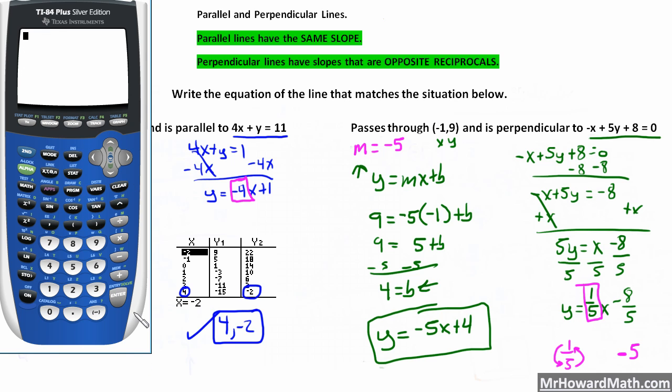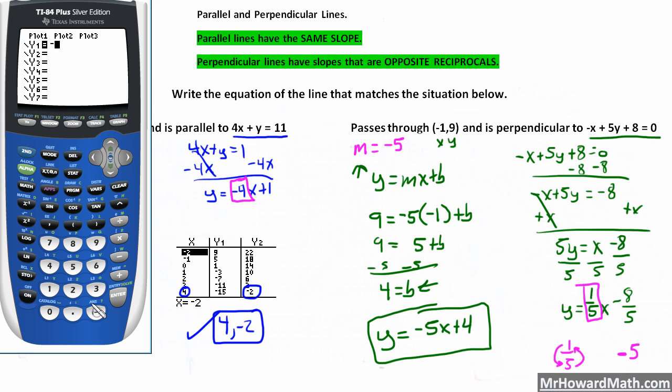All right, so we have negative 5x plus 4, so we need to put that in y equals. Let's clear this out. We know that we did our slope right because our original line was 1/5. We've checked that, so that should be a negative 5 to be perpendicular to it. So now we just need to make sure that this negative 5x plus 4 goes through this point, negative 1, 9.